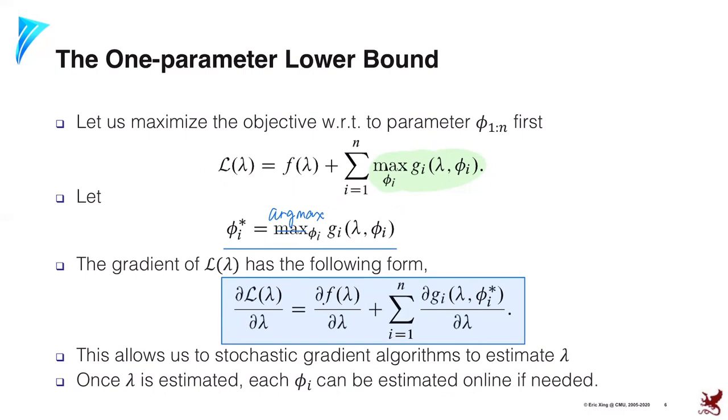Then we should note that the gradient of the one-parameter lower bound L(lambda) would have this following form, which would allow us to use stochastic gradient algorithms and update the model more frequently for a better convergence. And once the global parameter, which is this lambda, is estimated, then each phi_i can be estimated online if needed.